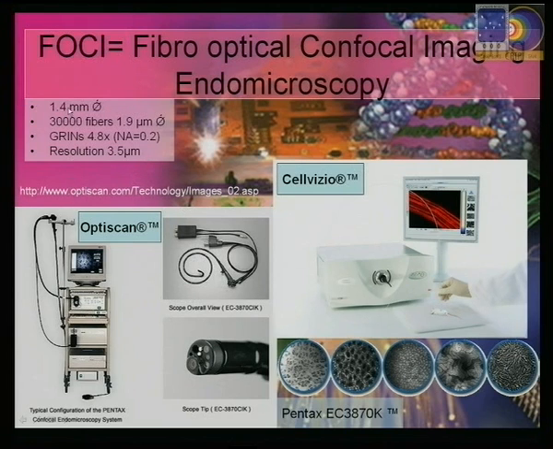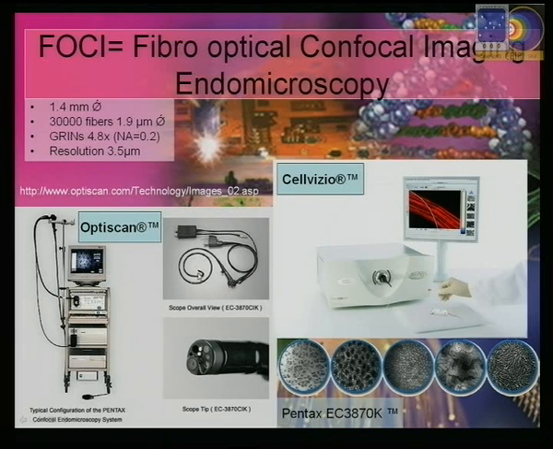In general, the diameter of those fibro microscopes is 1.4, sufficient to be introduced through the biopsy channel of a regular endoscope, and they contain 30,000 fibers, each one of 1.9 microns.